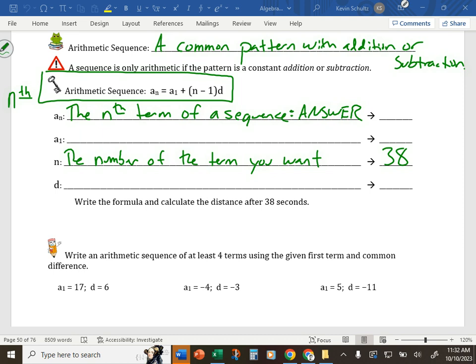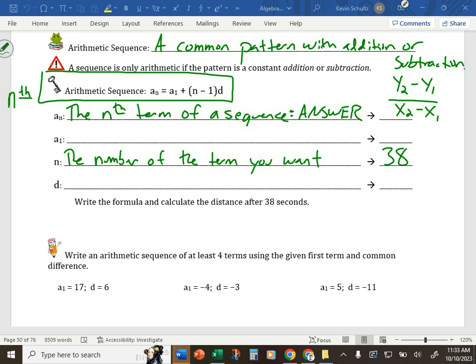A1. Now, notice the position of that 1. It's a lowered 1, right? It's not raised. It's not a power. What does it mean when you've got a smaller number that's lowered versus raised? Raised would be a power. What is lowered? You've seen this before. If you recall the formula y2 minus y1 over x2 minus x1, right?